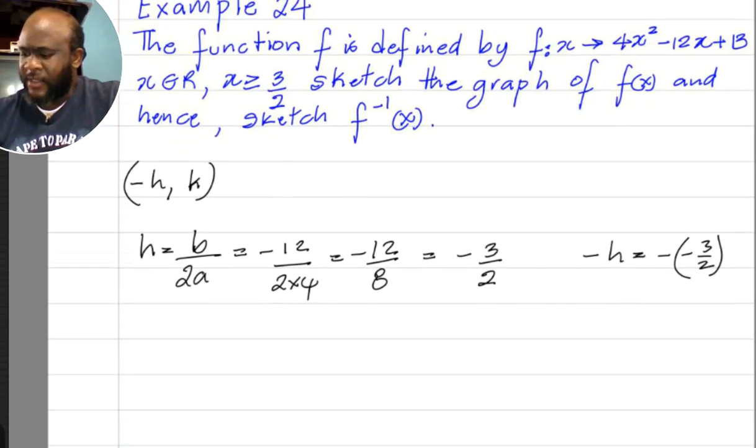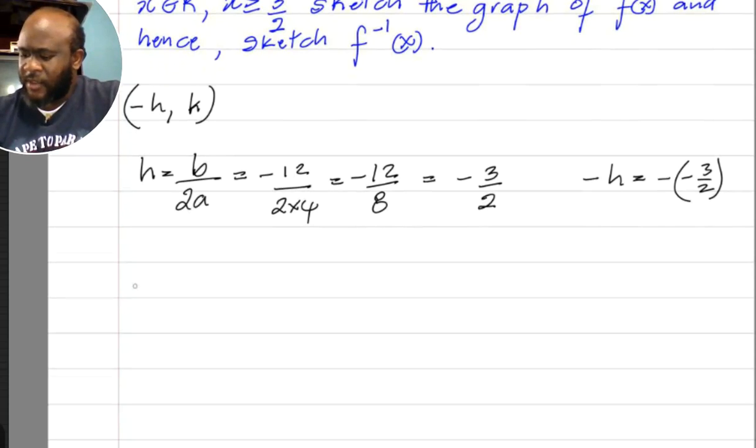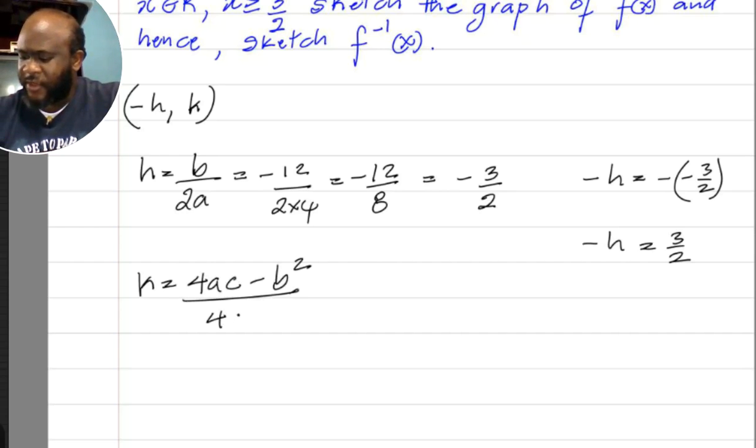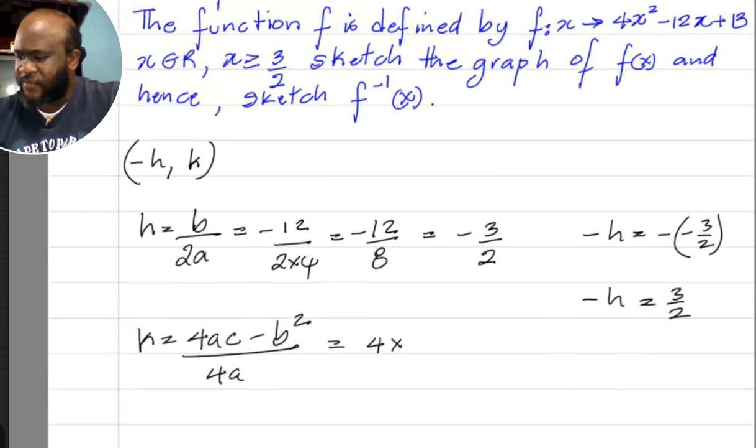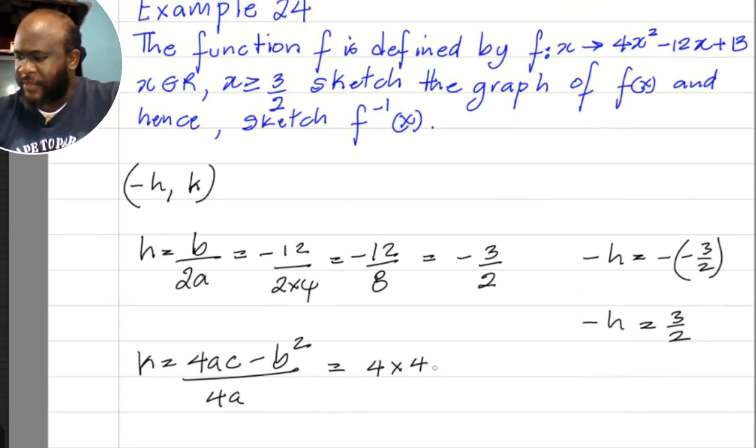All right, let's determine what k is. Now, minus h would be 3 over 2. k is 4ac minus b squared over 4a. So this would be 4 times a, which is 4, times c, which is 13, minus 12 squared over 4 times 4.